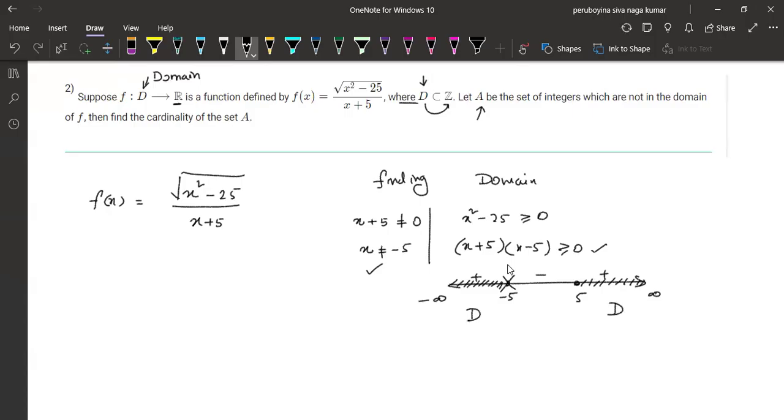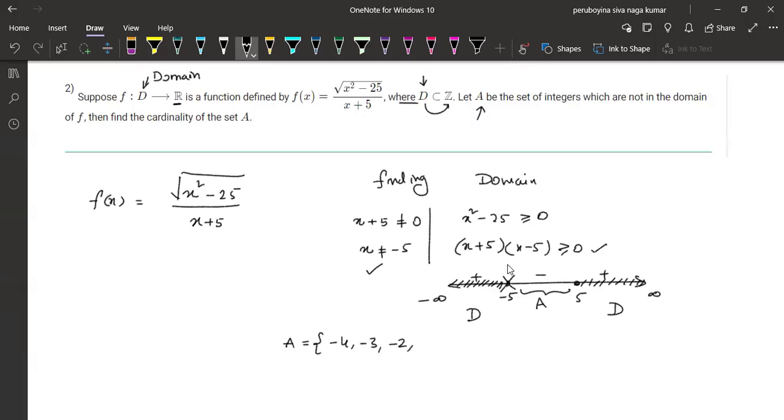So in the real line, or in the set of integers, which is not D, that will be A. So that means this area will be A. And A is a set of integers. So you can write A is equal to, in this area, minus 4 exists, minus 3, minus 2.